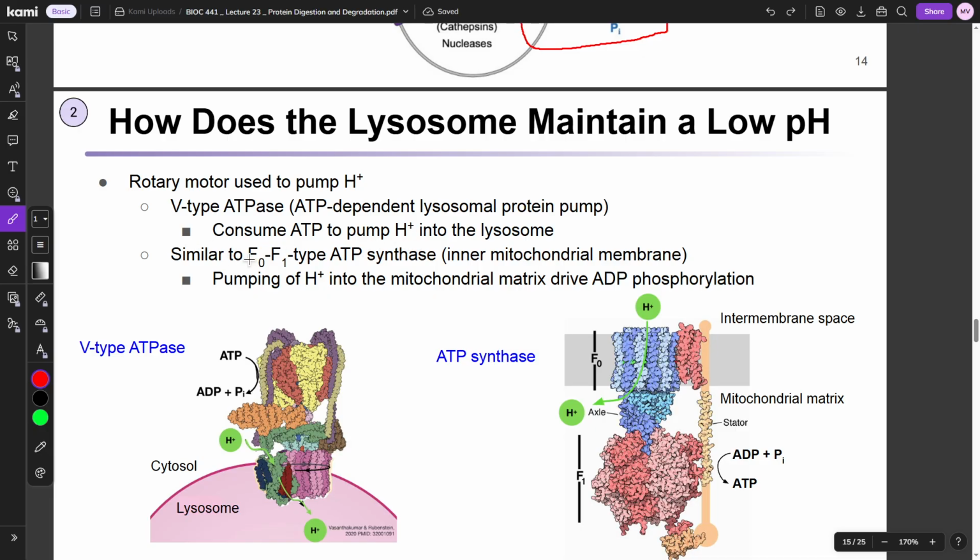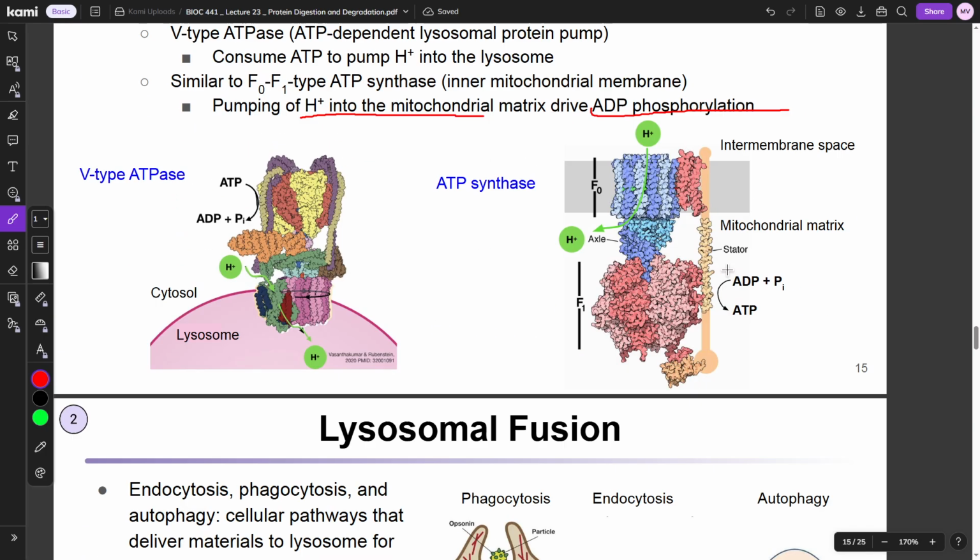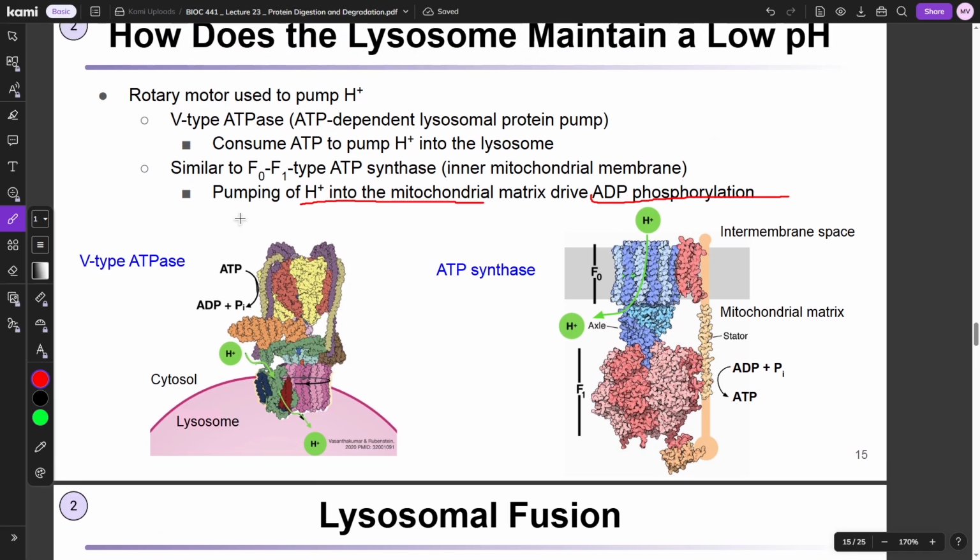It's very similar to the normal ATP synthase with the F0, F1 complexes. In the case of the mitochondria, we pump H+ into the mitochondrial matrix to drive ADP phosphorylation, but this is not what's going on here. I also don't like the word pump here, because technically it falls down its gradient into the matrix, but you get the idea.